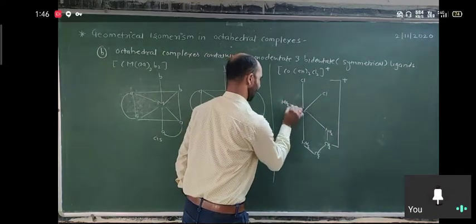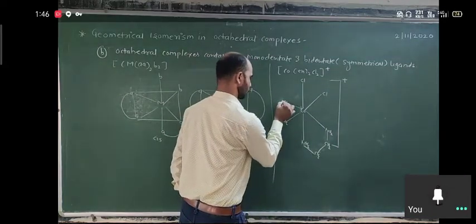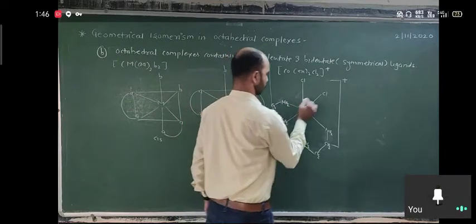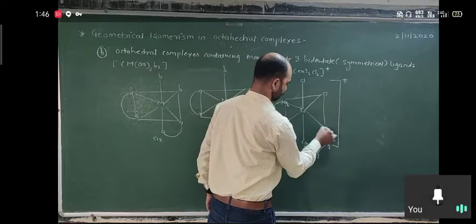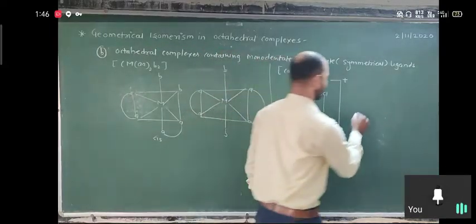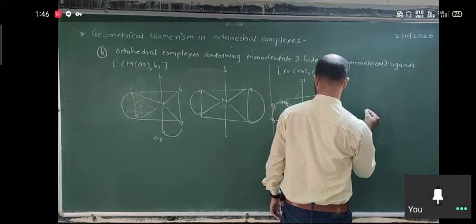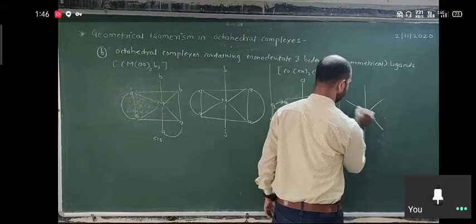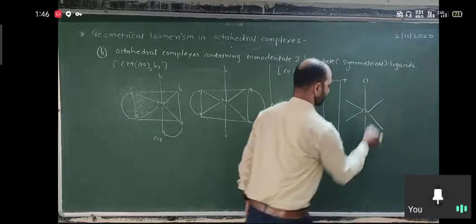So this way you draw the structure for the cis, and for trans, both Cls are opposite.